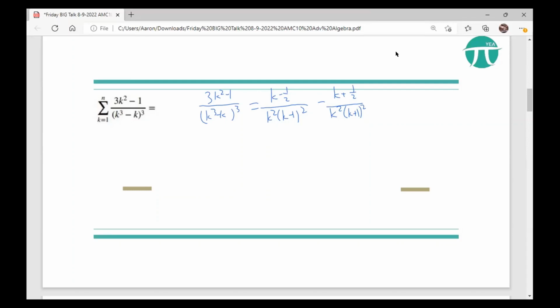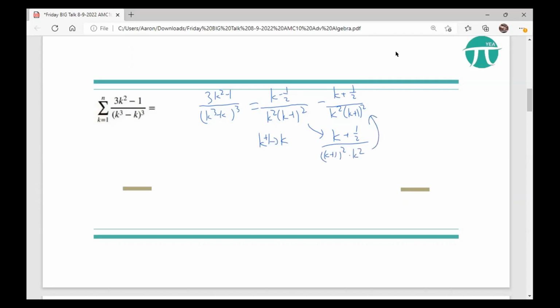Then you can plug in, and you can see that if you plug in k plus 1 into k, you get k plus 1/2 times k plus 1 squared times k squared, which is just this.